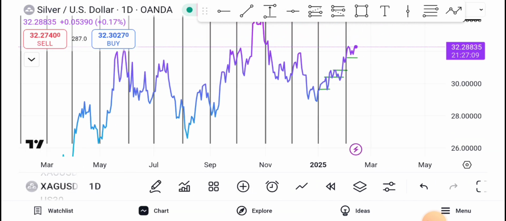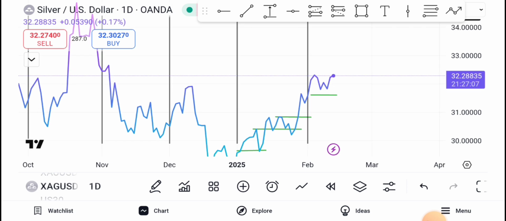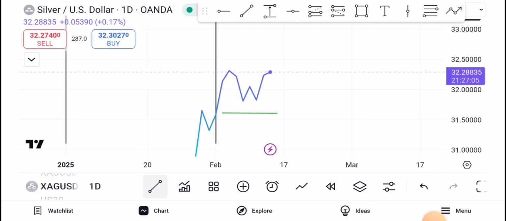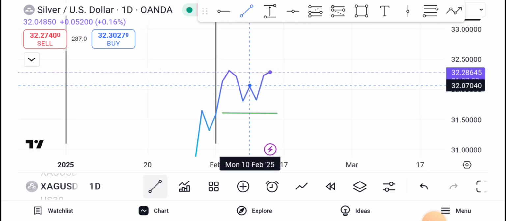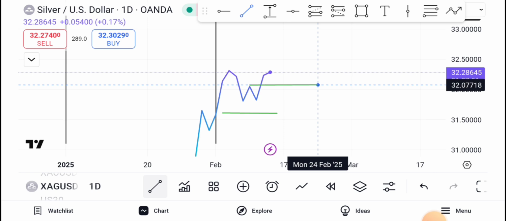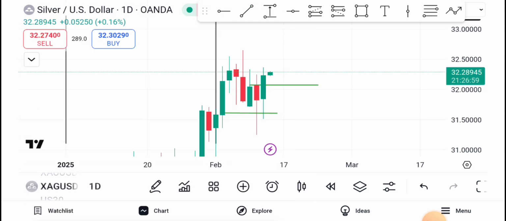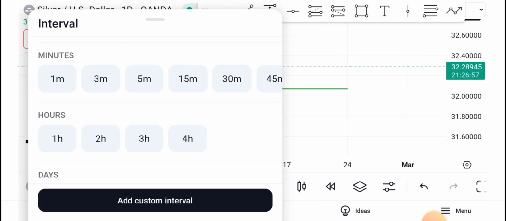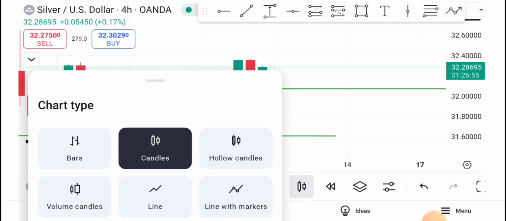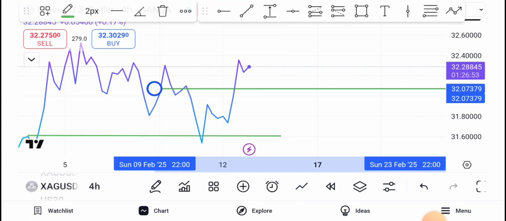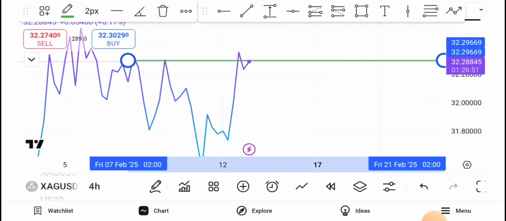So we've done January and then February right now. On February, what are we waiting for? This is the low that was broken right now. Okay, so this is like current market analysis. Something like this.